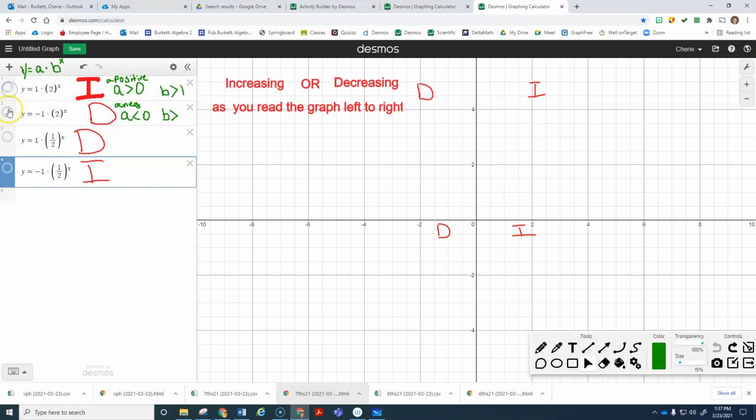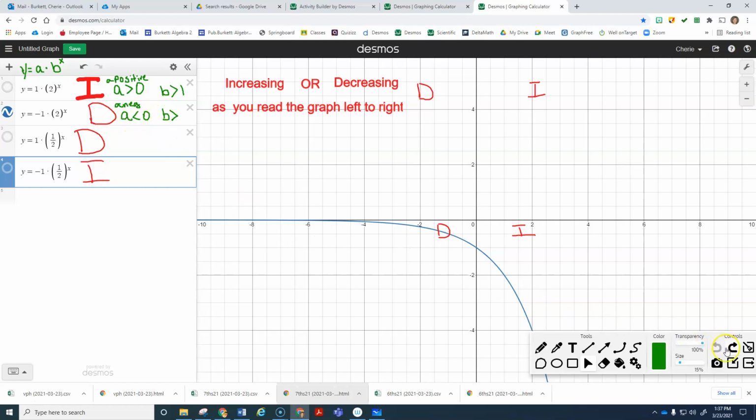We turn the red graph off and we turn the blue graph on. We've got that one labeled from a few minutes ago that it's decreasing. And what's true about this one? This one's decreasing. And what are the combinations of A and B here? We have an A value that's negative, A less than 0, that's how we write negative.